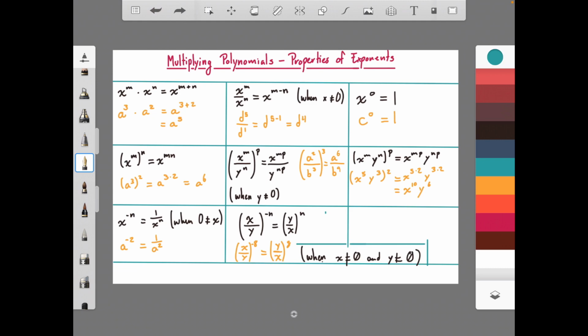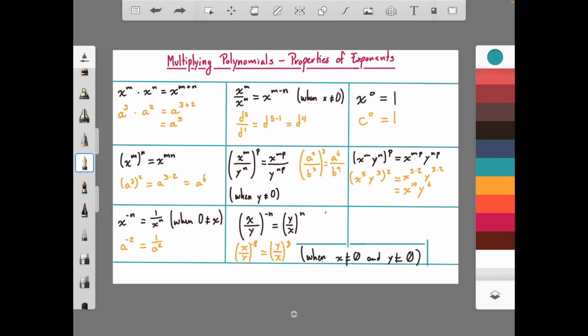Okay, now the second one that is right here. Now this one is the opposite of the last one. So instead of multiplying, we actually divide. So it's x to the m power over x to the n power, or divided by x to the n power, which is going to be equal to x raised to the m minus n power, when x is not 0.